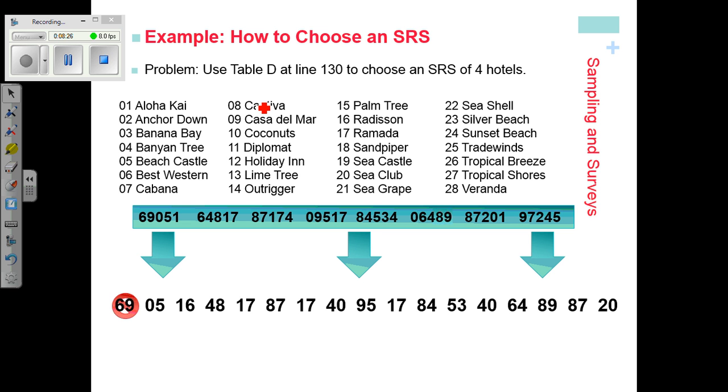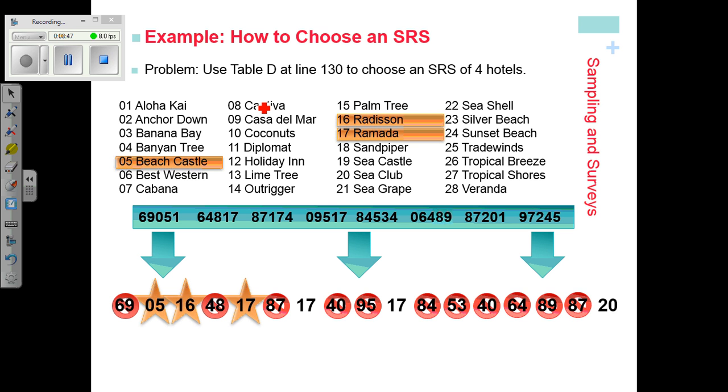And then 05, and of course 05 is Beach Castle, so that's our first one of our 4. 16, which is Radisson. 48, which is outside the range, so we ignore that. 17, which is Ramada. 87, out of the range. And we see 17 again and again, and we ignore it because we don't want to put Ramada in our sample 3 times, so we skip that.